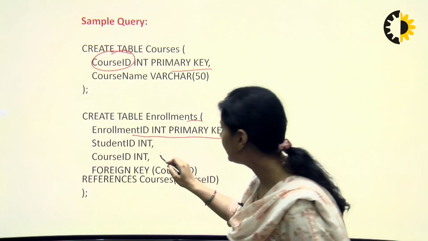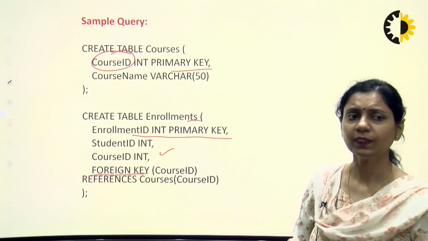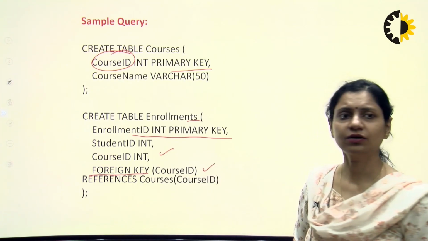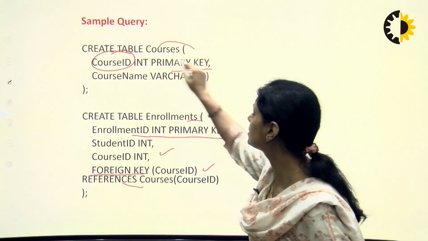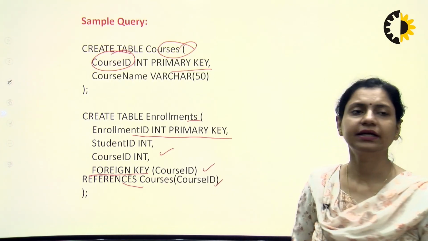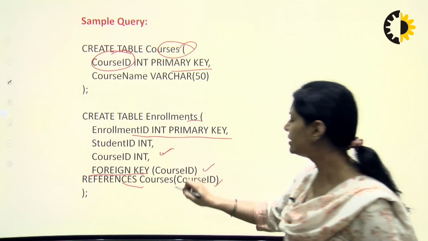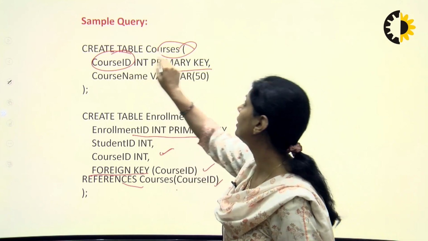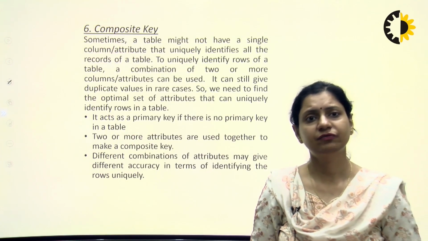That course ID would be referred to as the foreign key, with course ID as a column over here, which references the courses table with the course ID. So the foreign key of this table references the course ID of the courses table. So this is how we write the foreign key.